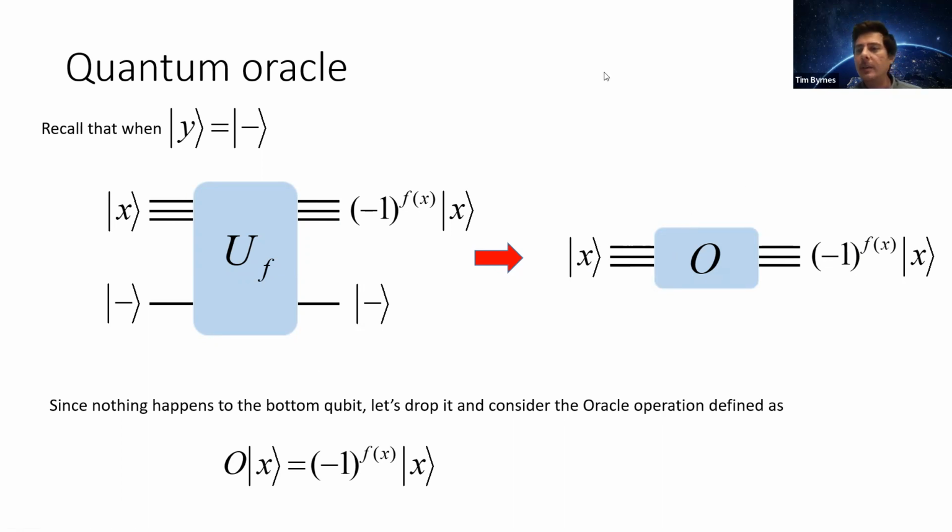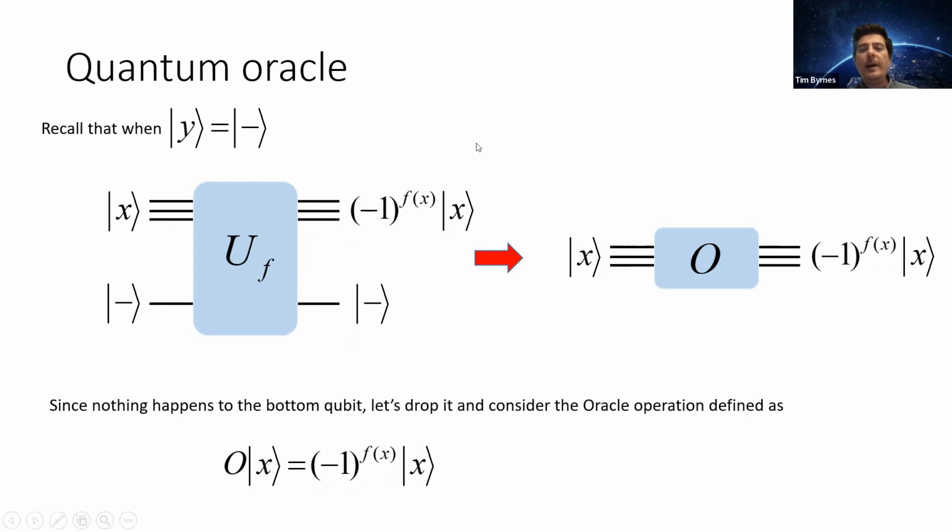Now, I think I said this for Deutsch's algorithm as well, but to me, this whole thing with the circuit and putting the minus state in is sort of a historical thing.